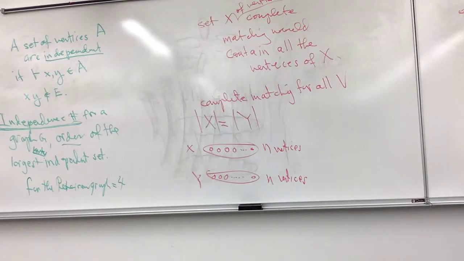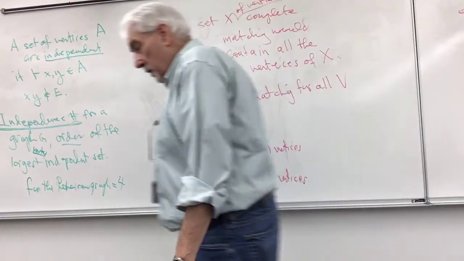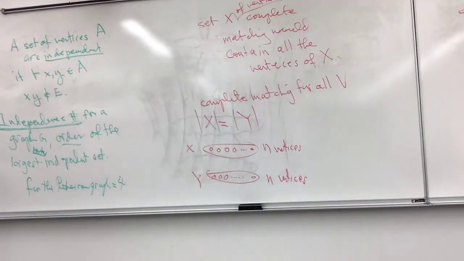So again, I want 3 vertices in each part. I don't want any cycles. I want a tree. So a tree on 6 vertices has how many edges? 5 edges. So I want a tree, n-1 edges, and a tree is also, help me out, connected.